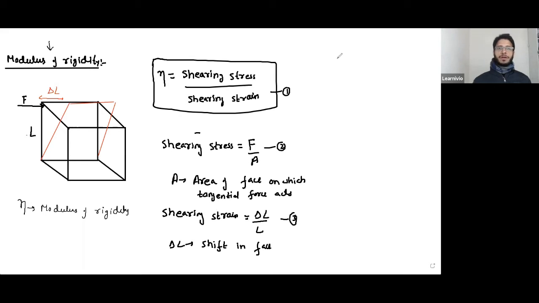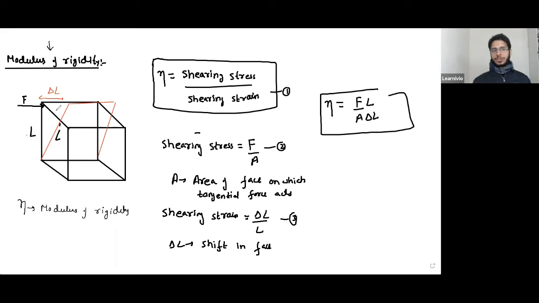So if I substitute all values here, then your eta, your modulus of rigidity, is the ratio of force upon area, divided by delta L by L. I'm sorry, this is not change in length. This is basically the shift in face. Length is not changing. Length is same. This is again L. The face just gets shifted by the amount delta L. So this is modulus of rigidity.